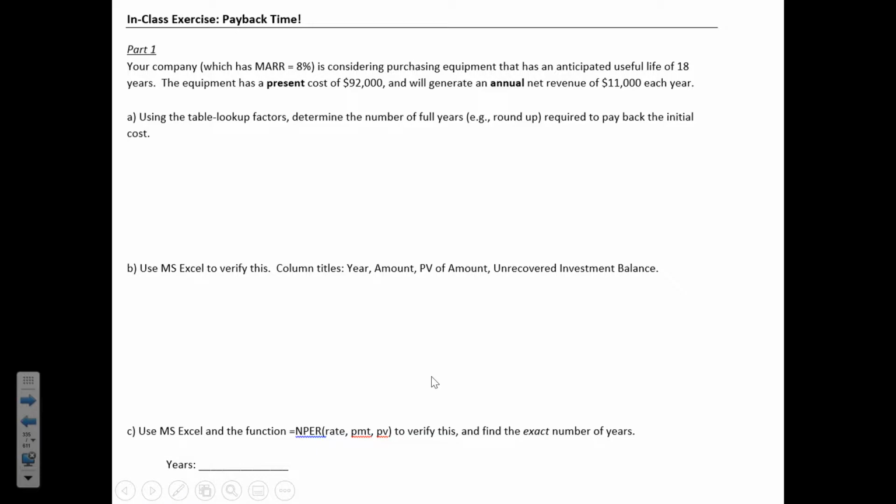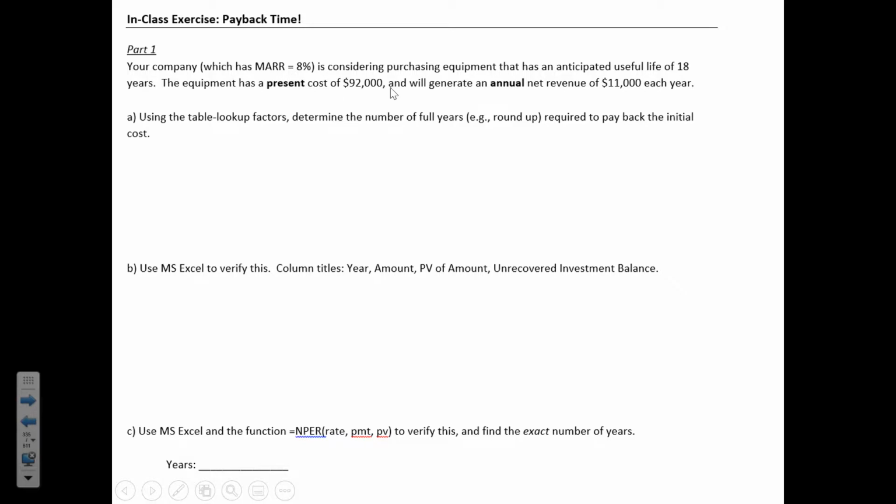All right, so in today's in-class exercise, this is number 33, we're going to be looking at a piece of equipment that has an anticipated useful life of 18 years. Now, I've provided on the handout an 8% table on the back side of the handout, I think. The 8% factor table, because our MARR for this is 8%.